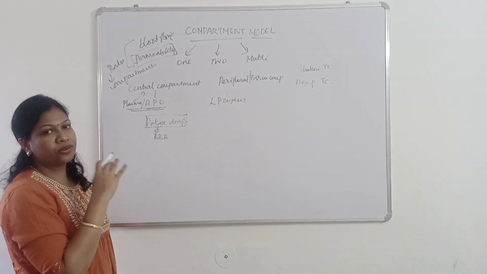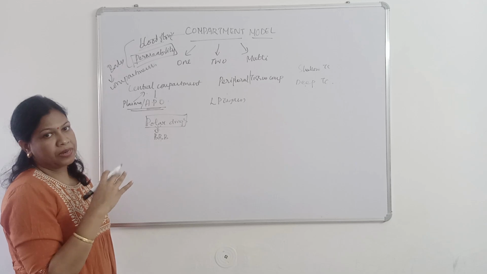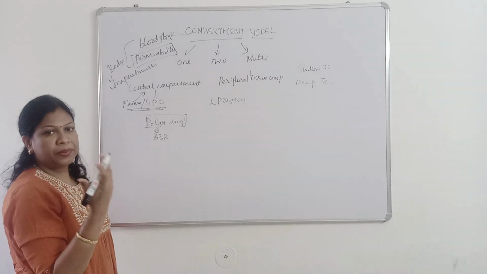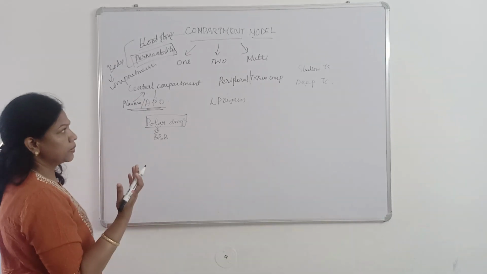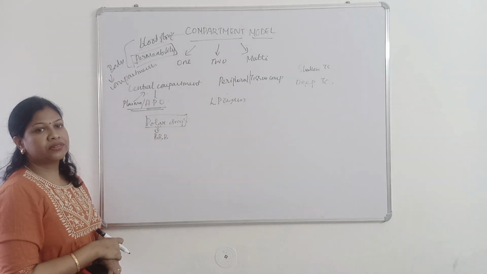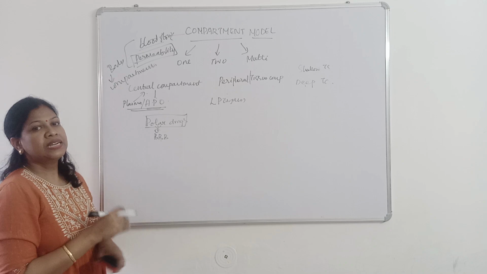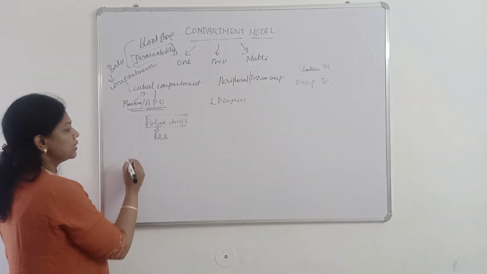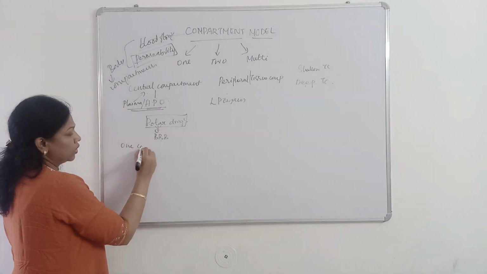So it will take the place of the peripheral or tissue compartment. We have to consider all these points and then divide or group the tissues into different compartments. Let's start with the one compartment model.